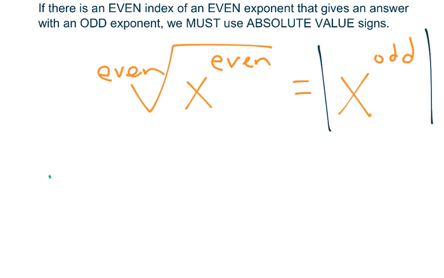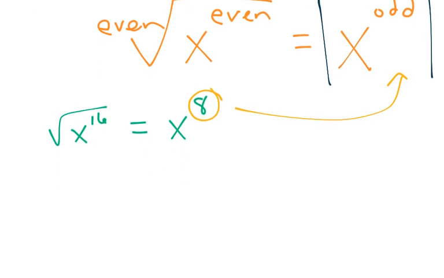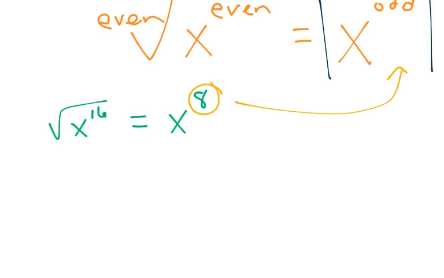We have the square root of x to the 16. 16 divided by 2 is x to the 8. Since this is not an odd exponent, I don't even have to check it. How about the square root of x to the 14? 14 divided by 2 is x to the 7th. This is an odd exponent, so I need to check this.